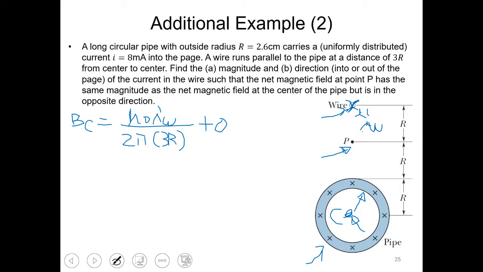So using the right-hand rule, this magnetic field is pointing to the left.